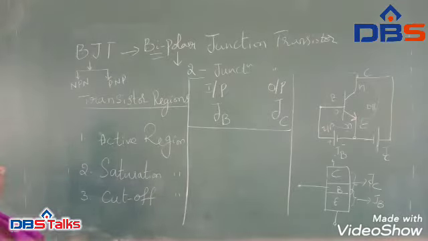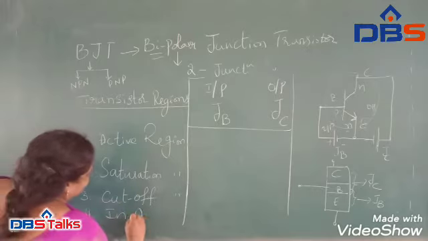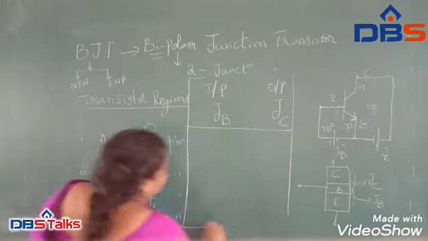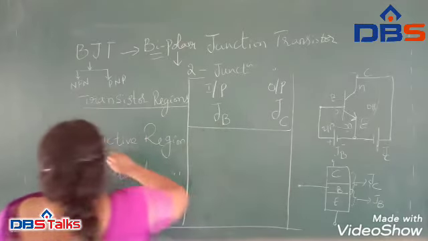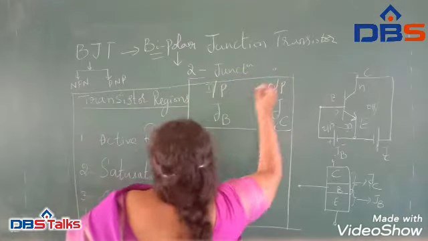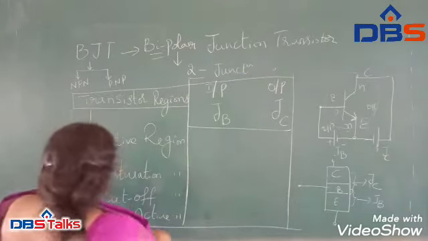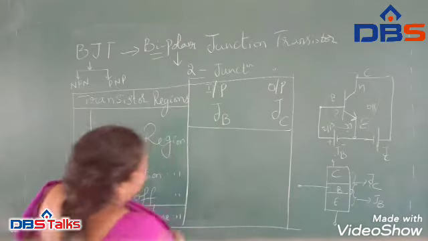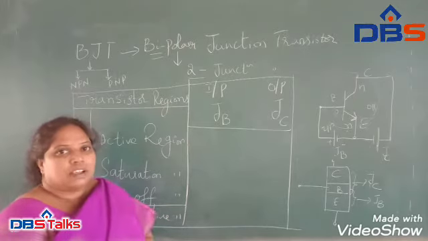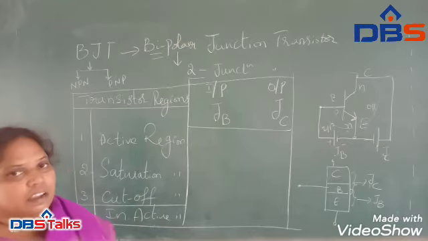A fourth one is also there, that is the inactive region. But most probably, in the characteristics of the transistor we see these three: active region, saturation region and cutoff region.